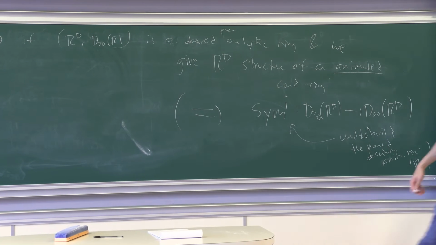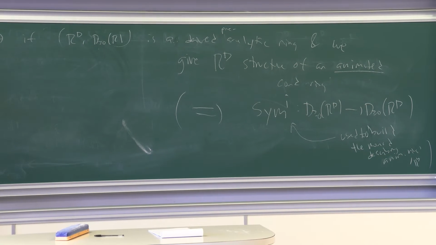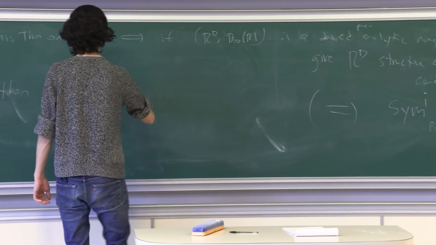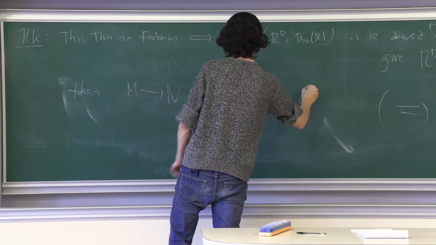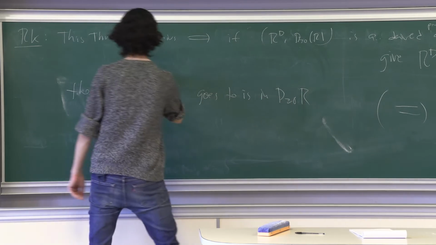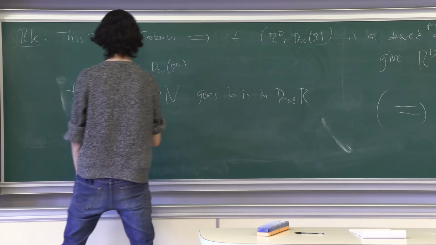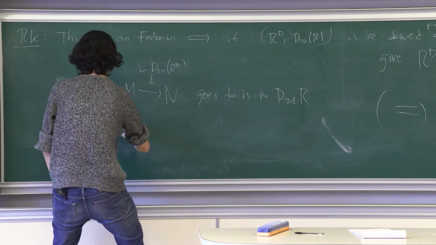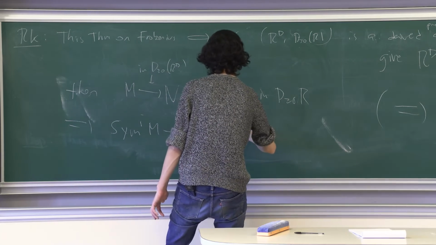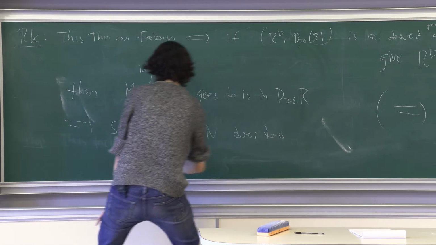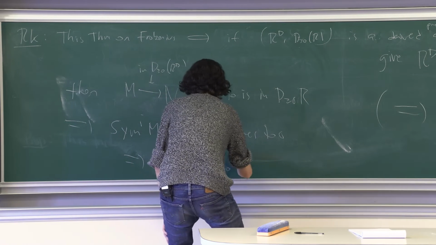Then these Sym^i descend: if M mapping to N goes to an isomorphism in D greater than or equal to 0 of R triangle, then so does Sym^i. Which lets you define the Sym^i's on the derived category of this analytic ring.